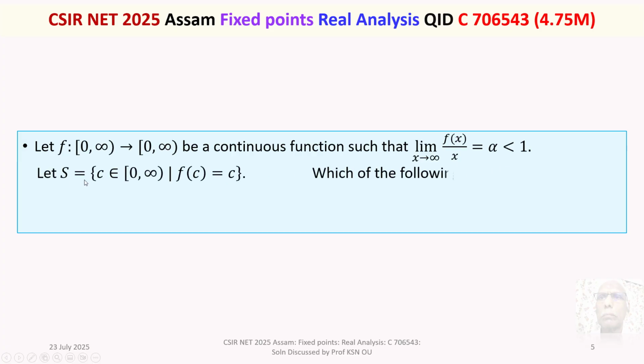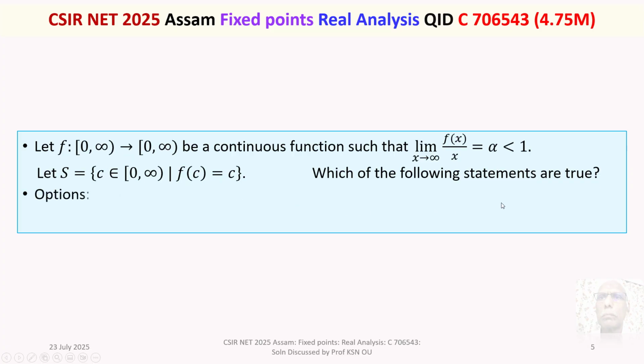Let S be the set of all c belongs to the interval 0 to infinity, closed at 0, such that f of c is equal to c. That means S is the set of all fixed points of f in the interval 0 to infinity.